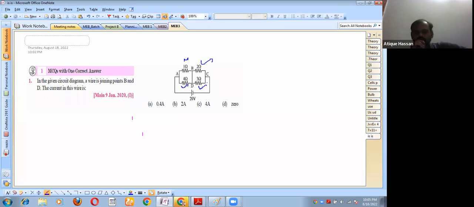So in the given circuit diagram, the wire is joining points B and D, so we have to find the current through the wire.